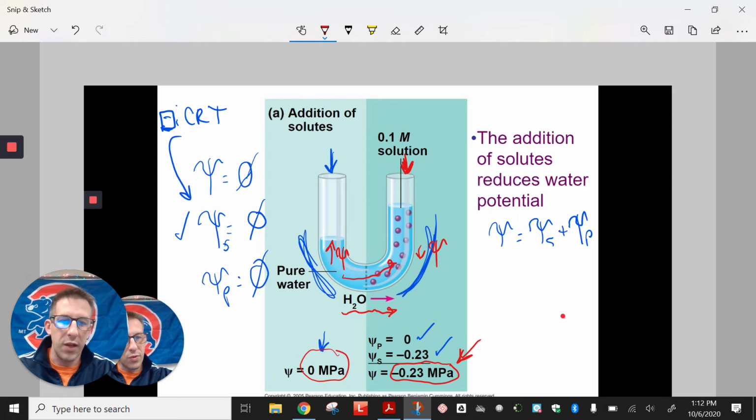Okay? Another way we can think about that qualitatively is to say that this water wants to dilute this solute. Makes sense? Remember all those descriptions of how water will move? They apply here as well.